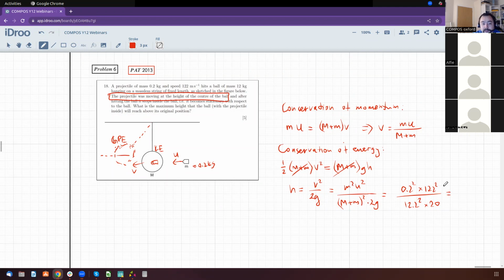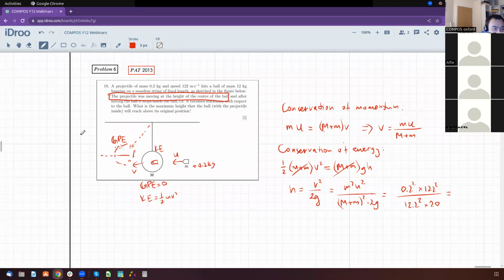Yeah, that's what we assumed. Yes, kinetic energy. Why can we assume that the potential energy is the same? Okay, so at the beginning, when the bullet just hit the pendulum, the gravitational potential energy is 0, and the kinetic energy is 1/2 mv squared.